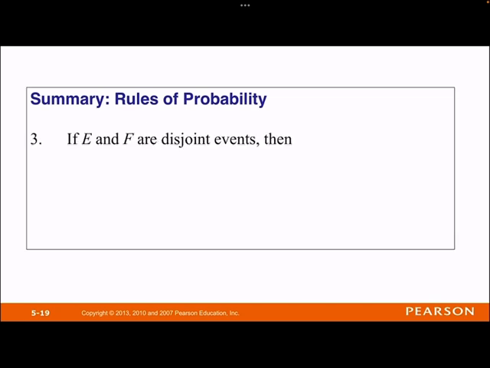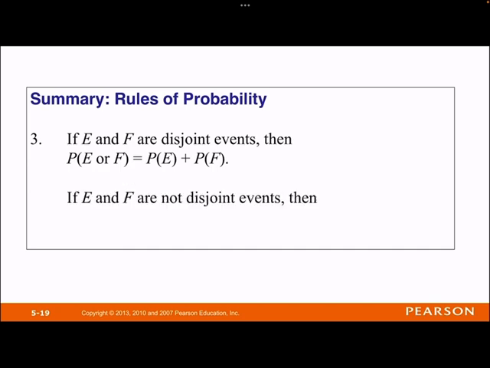If E and F are disjoint events, that's the one where we're using the word or, then the probability of E or F is the probability of E plus the probability of F. If they're not disjoint, if they have something overlapping, we still add the two probabilities together, but then we have to get rid of their intersection, their overlap.